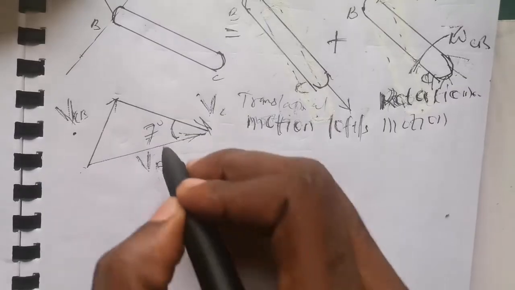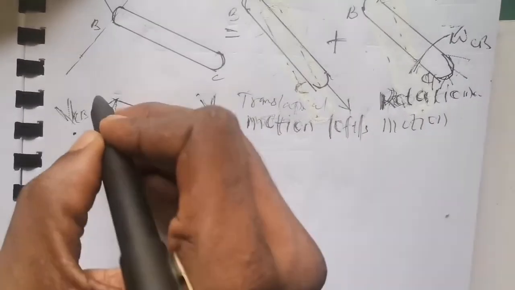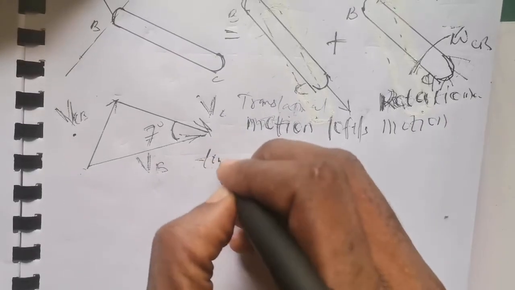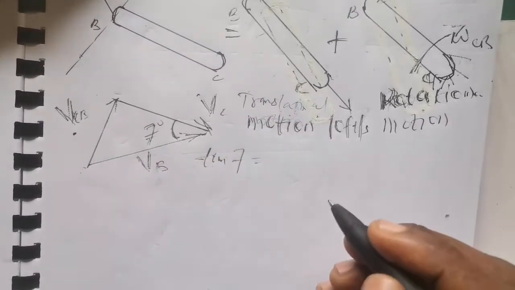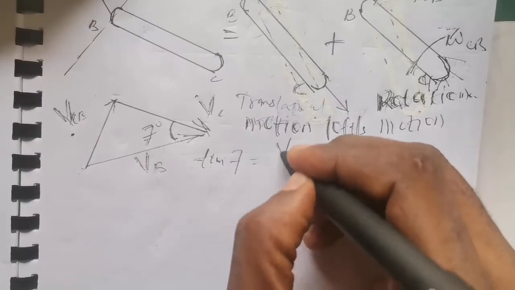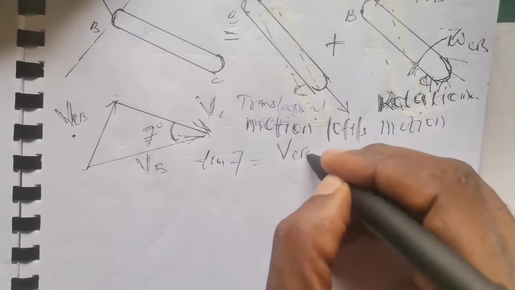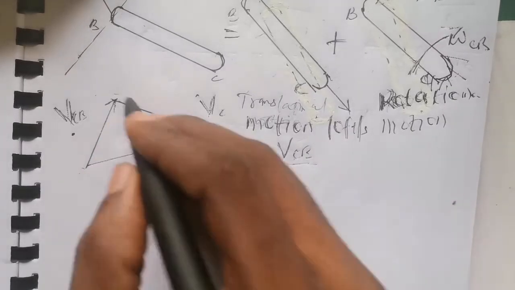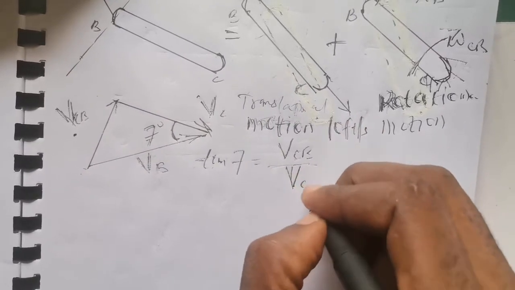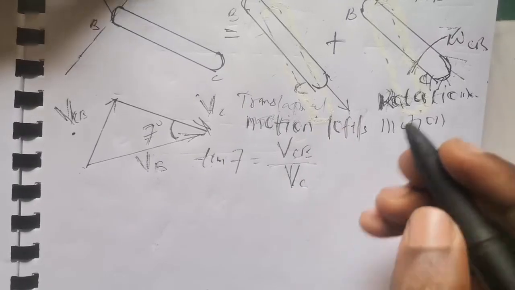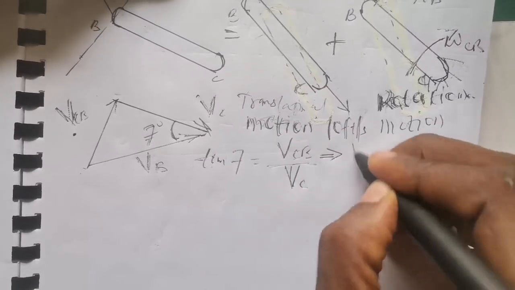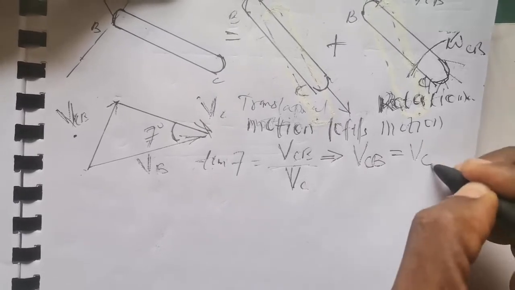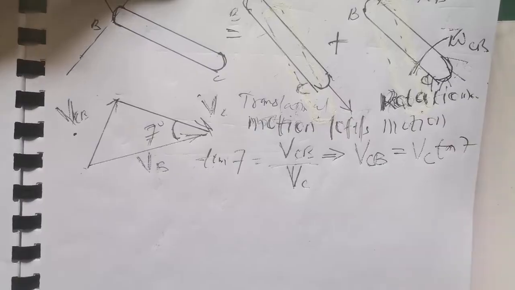Remember, tan 7 is opposite all over adjacent. So we employ tan 7 equals opposite, the relative speed VCB, all over adjacent, which is VC. Making VCB the subject, VCB is equal to VC tan 7.